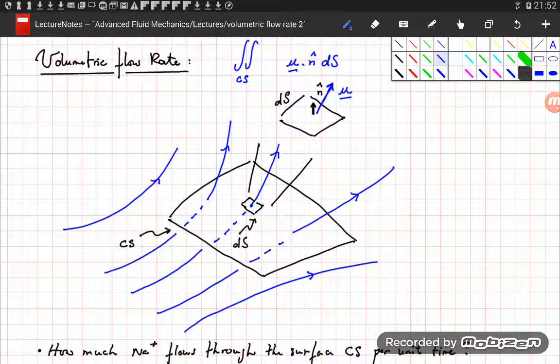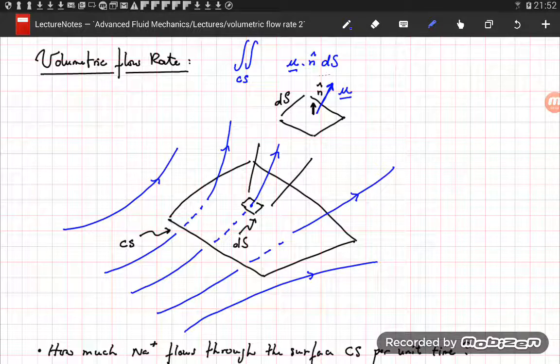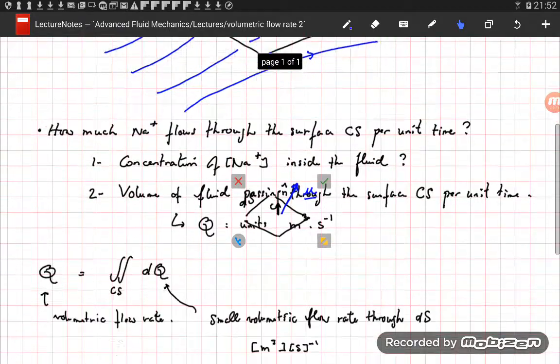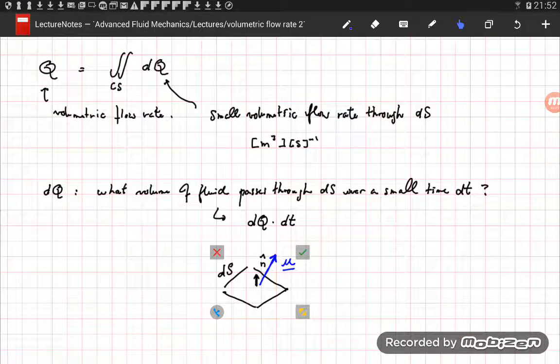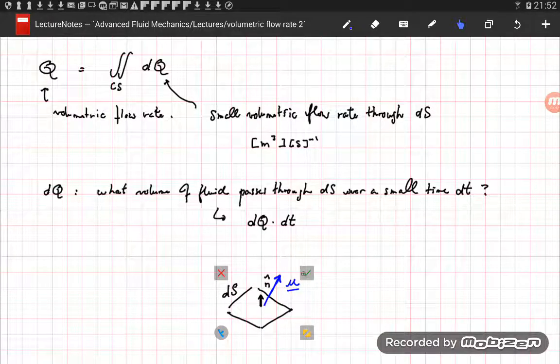And now the question is, how much volume of fluid went through this small surface dS during the time dt? So let me copy this and move it down here, just so that we have a good schematic. So this is our question. What is dq dt through dS? What is the mathematical expression for this?